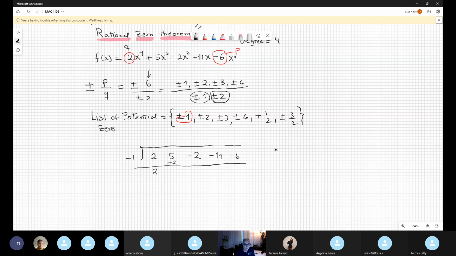This is 5 minus 2 is 3. Multiplication is -3. This is -5. -2 and -3 together, no? And -5 times -1 is +5. And -11 and +5 together is -6. And when you multiply -6 and -1, it's +6 and 0 remains. This is the idea.